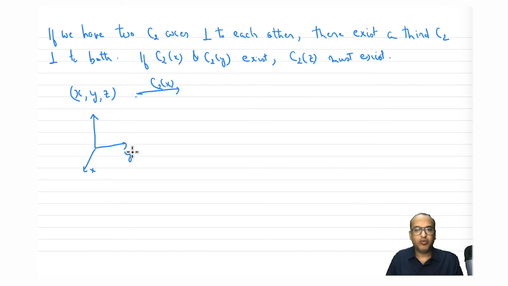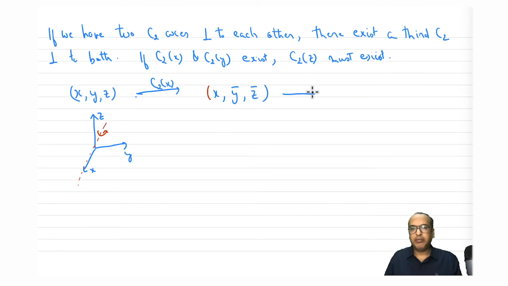We have x, y, z, and now if my C2 is running along the x-axis, anti-clockwise direction, what happens? y will go to minus y, z will move to minus z, x will remain the same, because x is lying along the x axis, right? So my coordinates will change: x remains as such, y goes to minus y, which I am representing as y bar, and z goes to minus z.